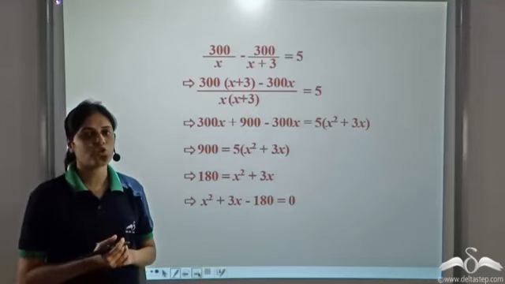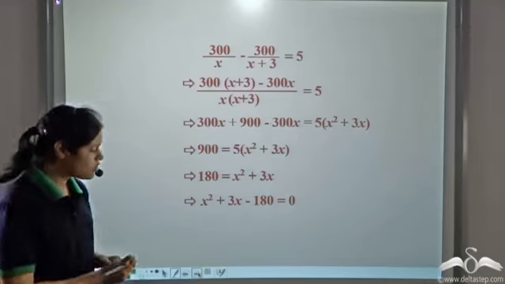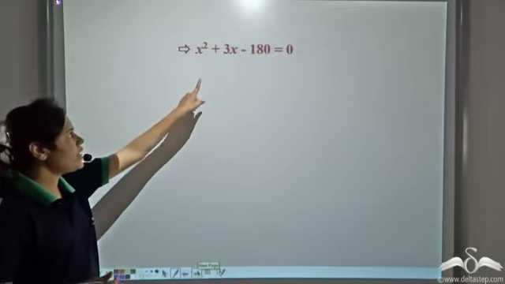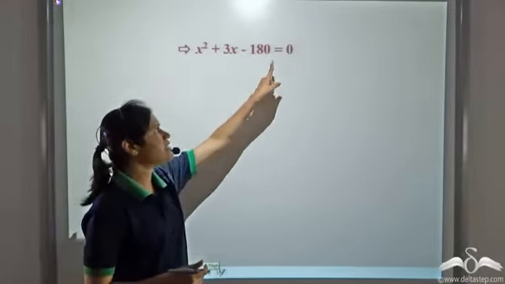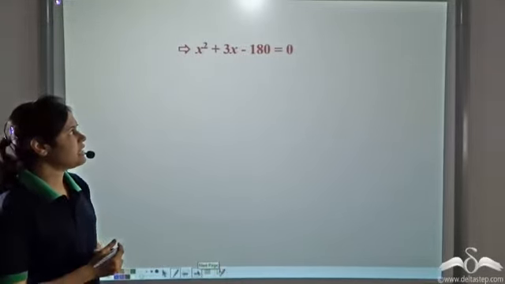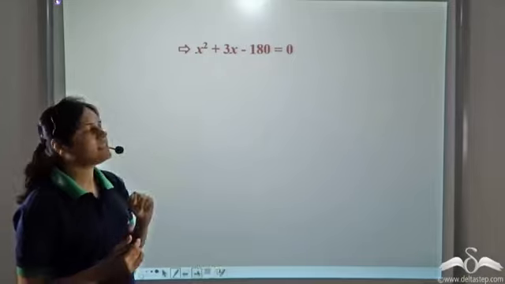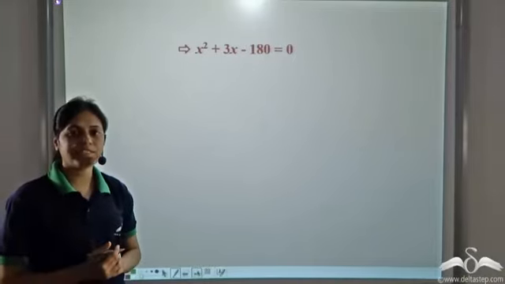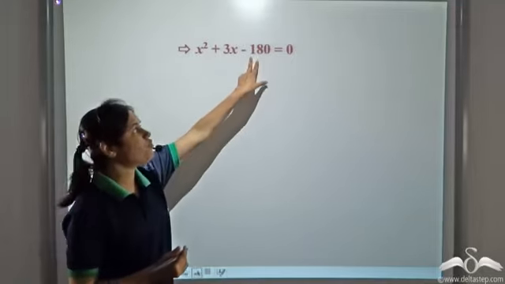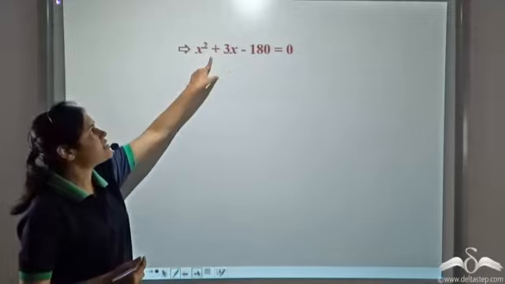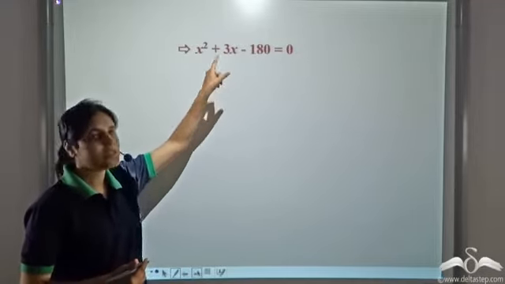And we know how to solve a quadratic equation. So let us solve this quadratic for x. x square plus 3x minus 180 equal to 0. Let us try and see if we can factorize the left hand side of this equation. For factorizing the left hand side, we need to find two factors of negative 180 such that their sum is plus 3.